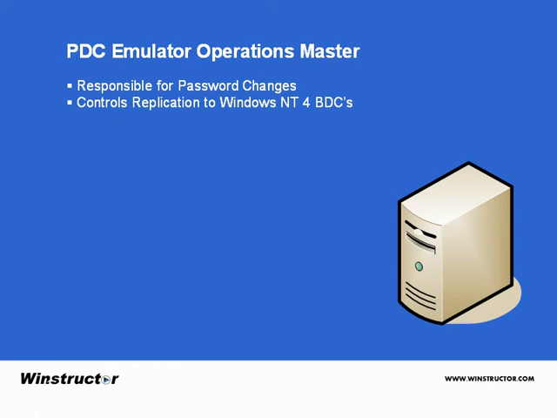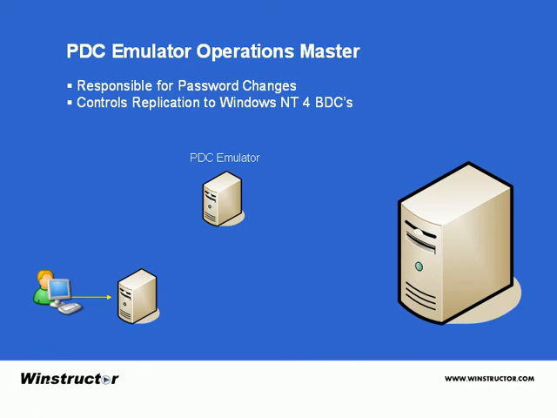Now even if you don't have any NT 4 backup domain controllers on your network, the PDC Emulator server is still there and it's still responsible for controlling password changes. Now what happens here is when a user's password is changed, this password change is sent to the local domain controller which accepts the change, and then it passes it on to the PDC Emulator, which is then responsible for authorizing the change.